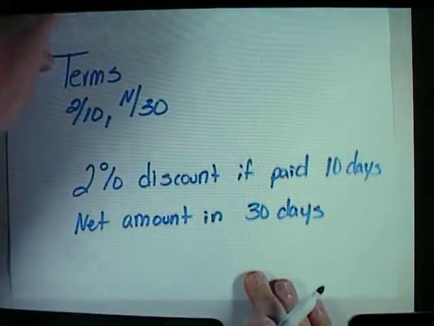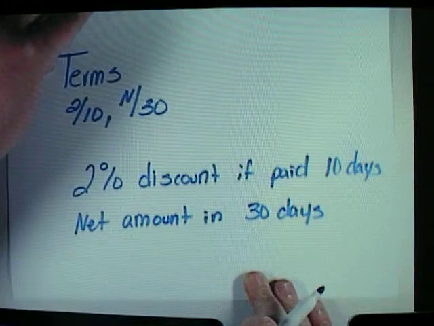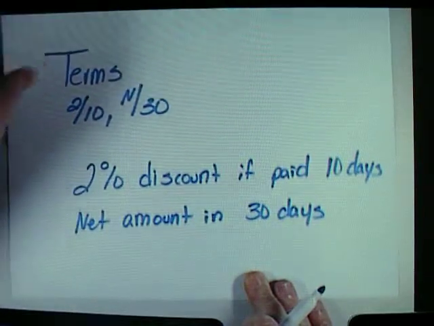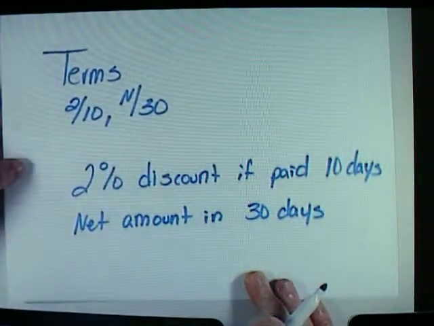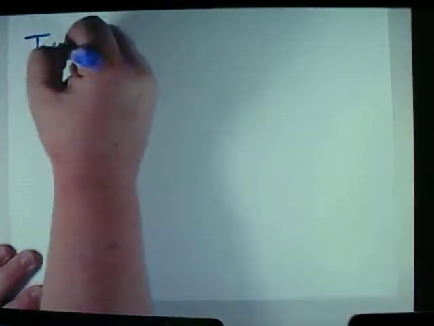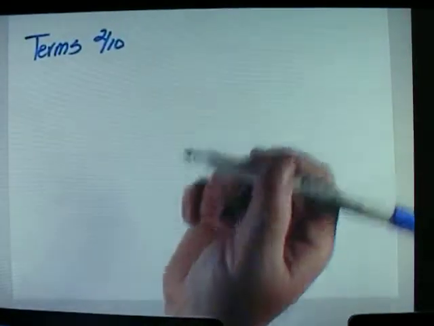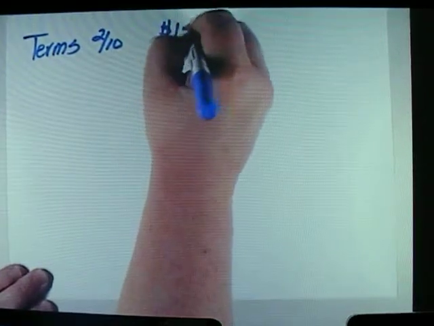So what we have to do as the accountant is, when we receive that check, we have to say, okay, obviously the customer didn't pay me everything that they were billed for, so they took advantage of the terms. So again, here are our terms, 2/10, net 30, and in this case, the customer owes me $1,500.